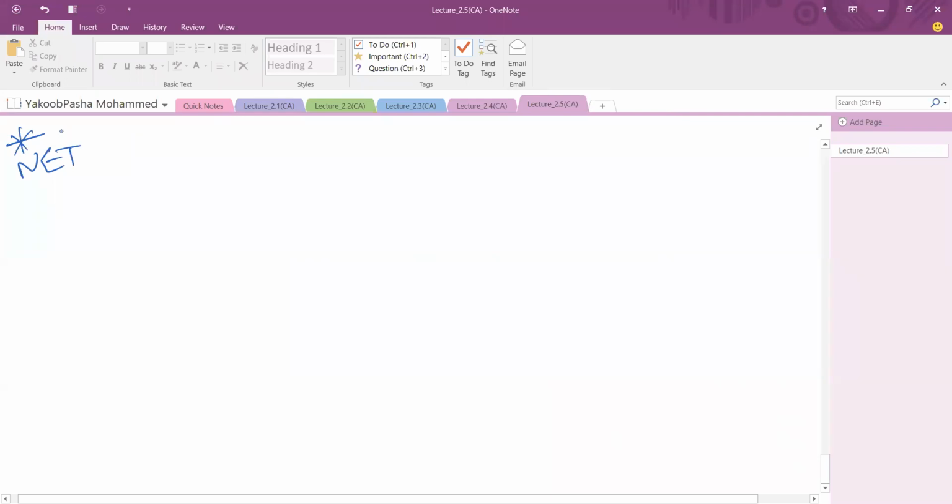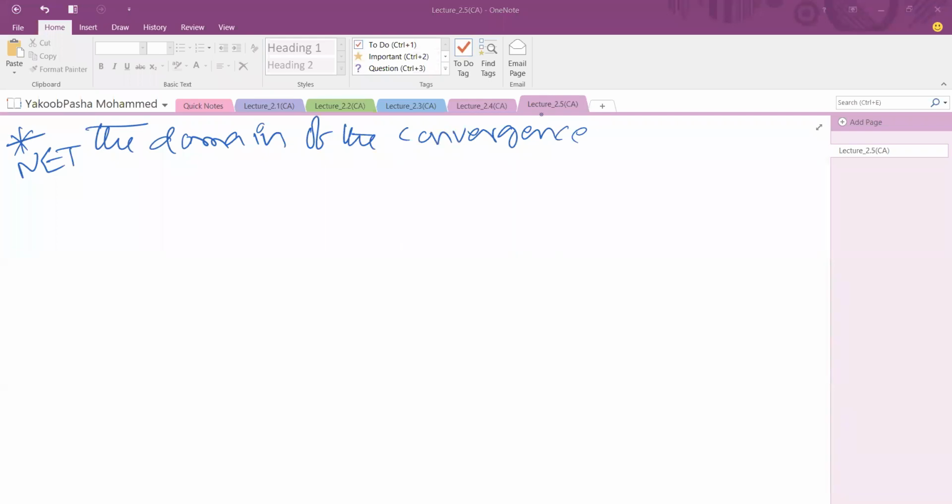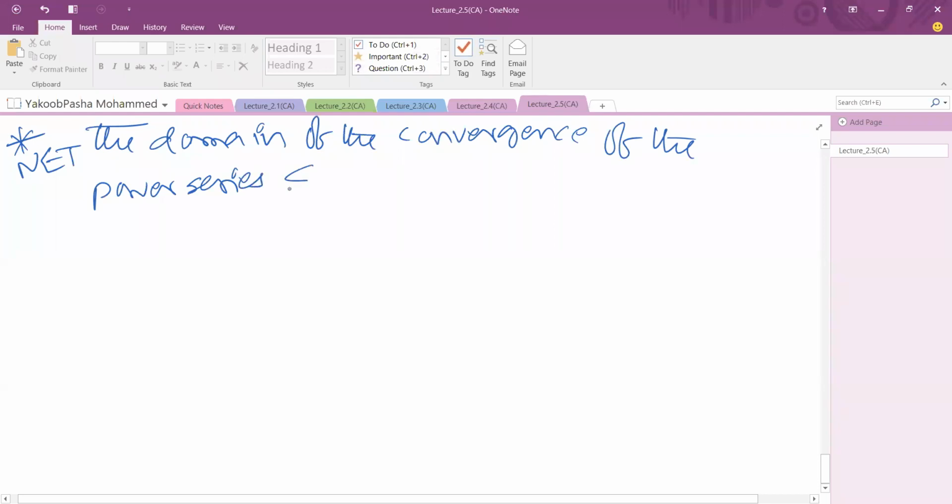The domain of convergence of the power series summation i z minus 1 by 2 plus i whole to the power of n is.